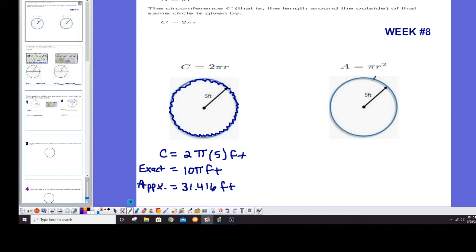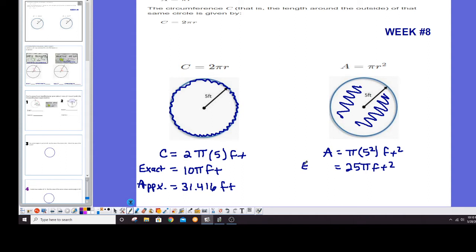All right, so if we wanted to find the area of the whole circle, that means all of this shaded part on the inside, all the space on the inside of this figure, we will use the area formula, which is pi r squared. So pi times r squared, and that is feet squared, and that's 25 pi square feet.